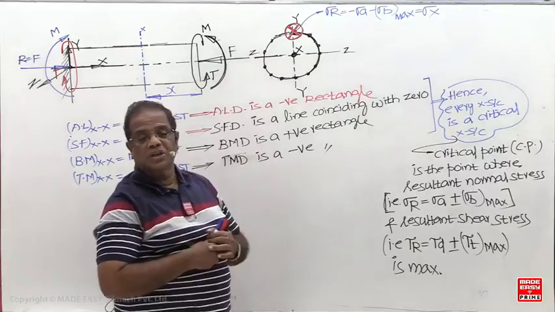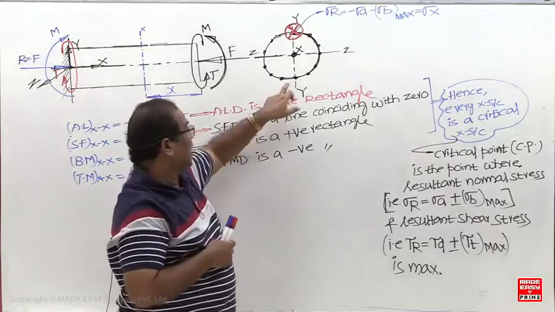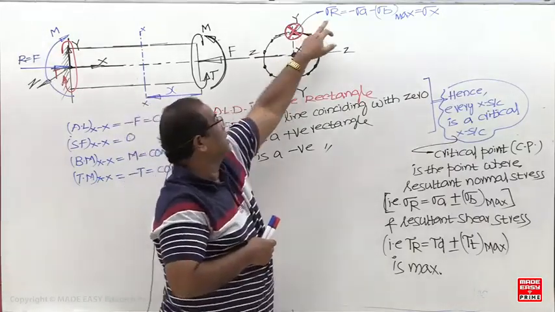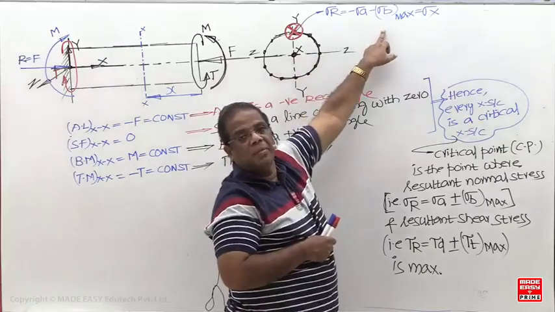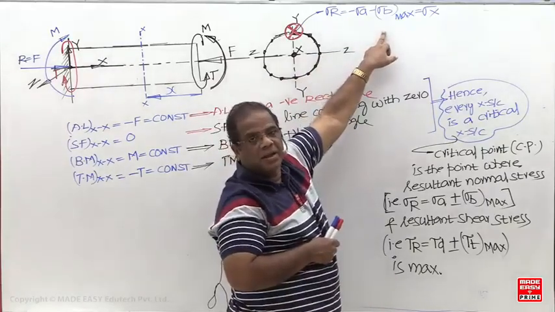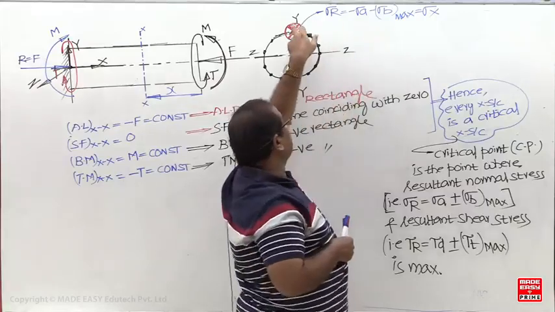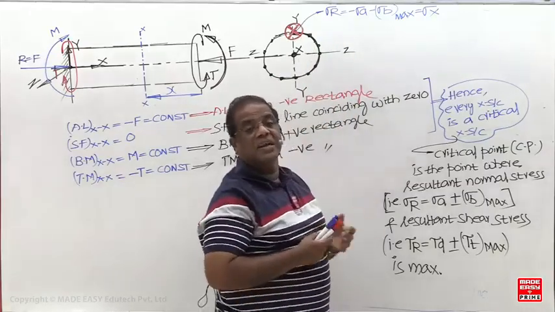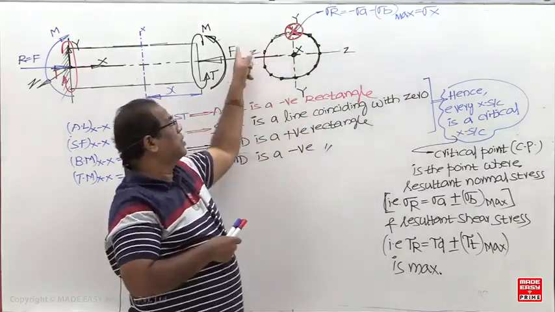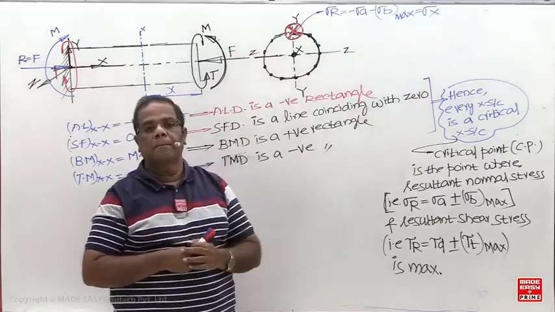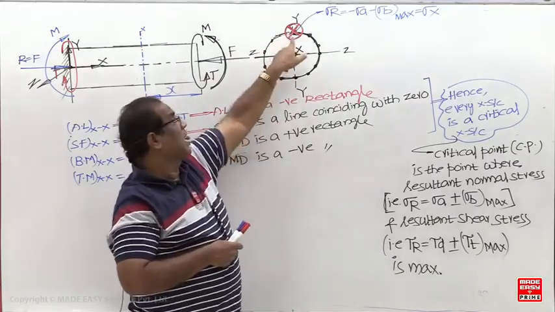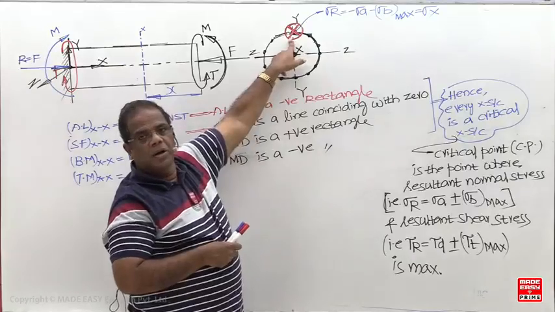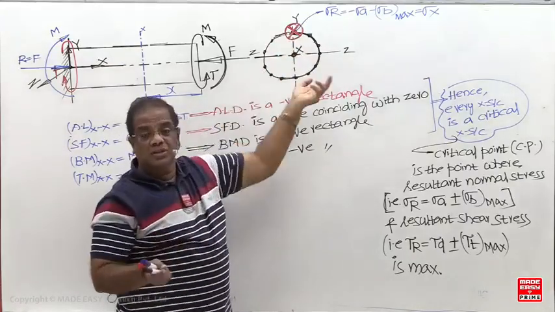Then what about the torsional shear stress? Here the axial stress is compressive. Same thing, the resultant at the bottom is minus sigma A plus sigma B max. So the resultant normal stress is maximum at the top. And where is the torsional shear maximum? At any point on the periphery. Already the normal stress is maximum at the top, and the torsional shear is also maximum here.